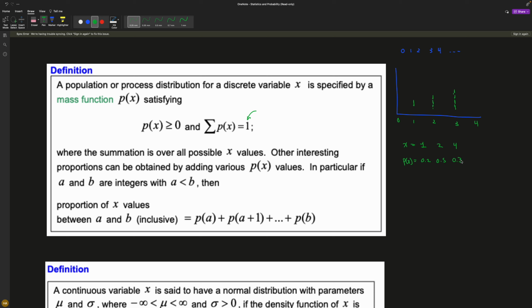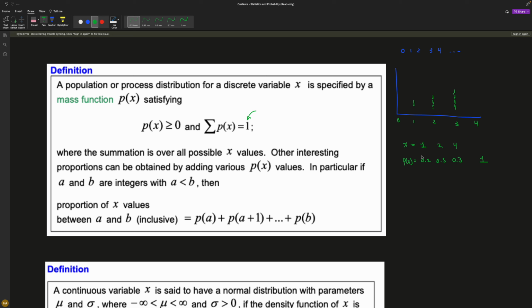So right now you see this adds up to 1. If I add anything, it becomes not a distribution because it's supposed to add up to 1. The probability always adds up to 1. You can't have 120%, right?